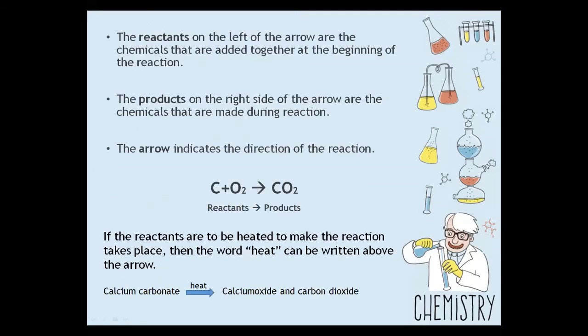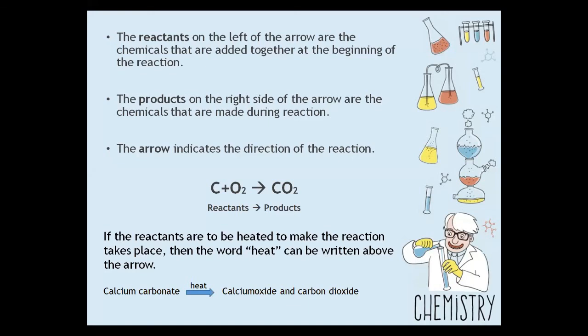Now come to the next slide. The reactants on the left of the arrow are the chemicals that are added together at the beginning of the reaction. When the reaction starts, the reactants will be written down on the left side of the arrow. And these are the chemicals that are added together, which when combined together, they form a product.